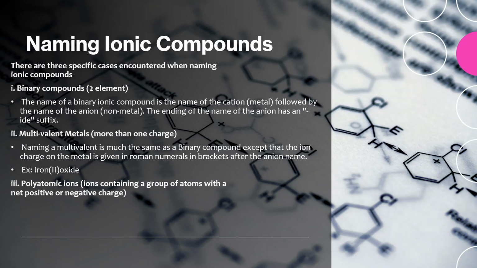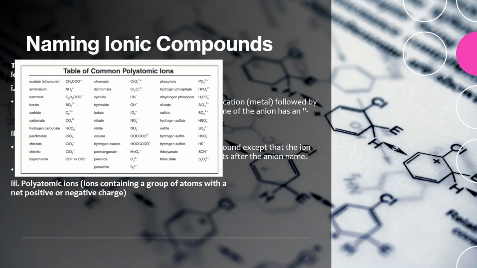And then the last situation you're going to run into is polyatomic ions, when you don't just have 2 elements, you have multiple elements. For example, at the top of your periodic table, there's often a table like this one, which is the table of common polyatomic ions.